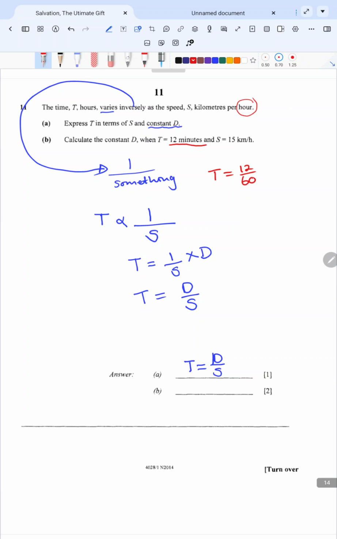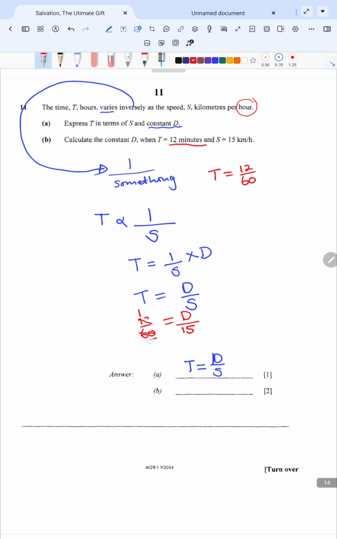Right. So let us substitute. We want to find d. I'm going to put 12 over 60 on t is equals to d over s is equals to 15. I hope you are following. 12 into 12, you get 1.